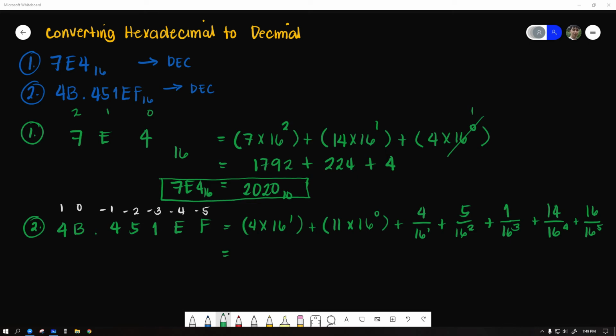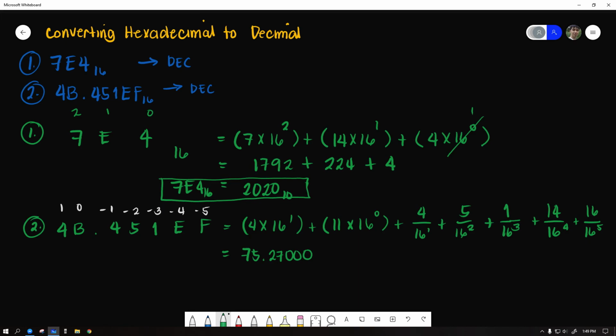Okay, so how much is your answer? You'll be getting 75.2700. If you reduce that to 5 decimal places, you'll be getting this one.